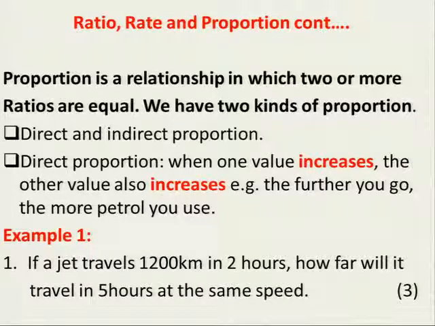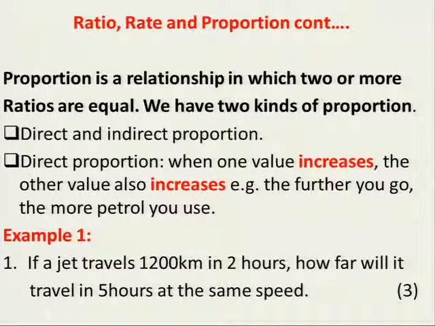We have two kinds of proportions. We have direct and indirect proportions. Direct proportion: when one value increases, the other value also increases. E.g., the further you go, the more petrol you use. So that's one example that I can use. And then let's go to the exercises.